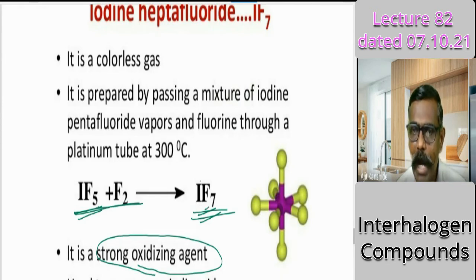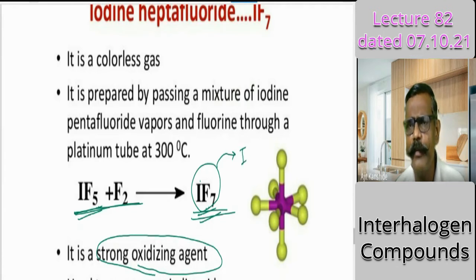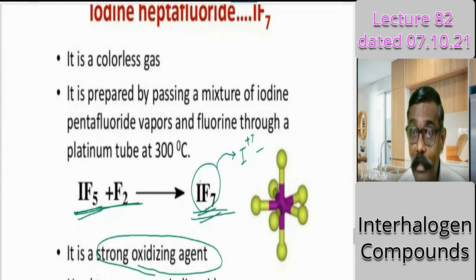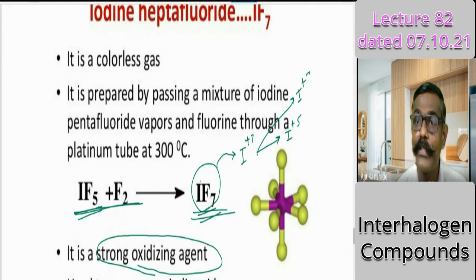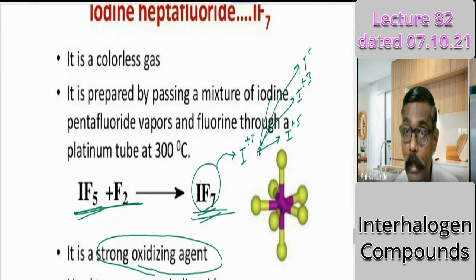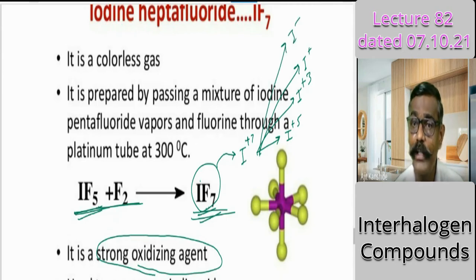Why? Because in IF7, iodine is at its extreme high positive oxidation state, I plus 7. I plus 7 can convert to I plus 5, or to I plus 3, or to I plus, or to I minus.